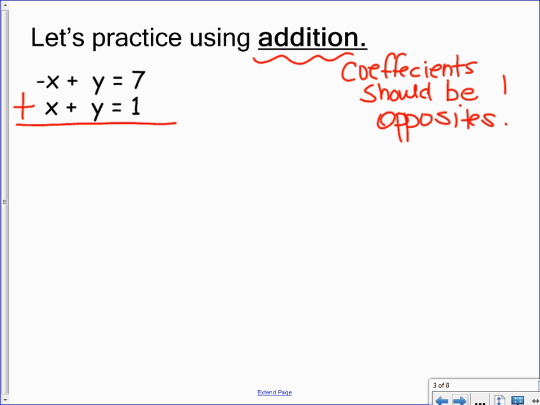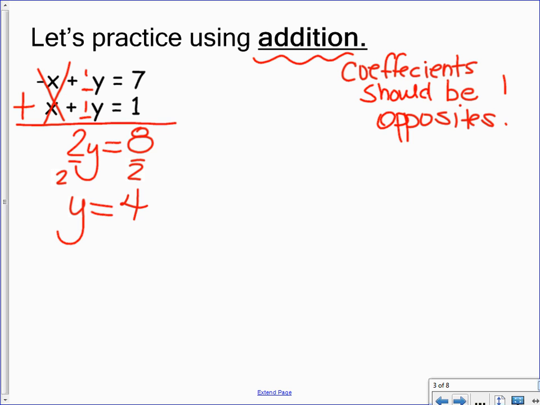So I put my addition sign, opposite of x, but those are going to cancel. No coefficient here, so I can put 1. Like terms, 1 plus 1 is 2y equals 7 plus 1 is 8. If 2y equals 8, then if I divide both sides by 2, y equals 4.